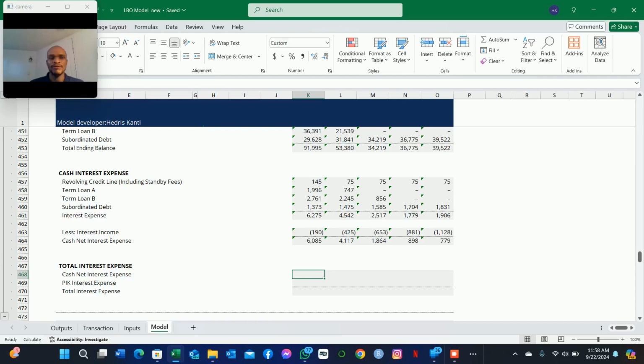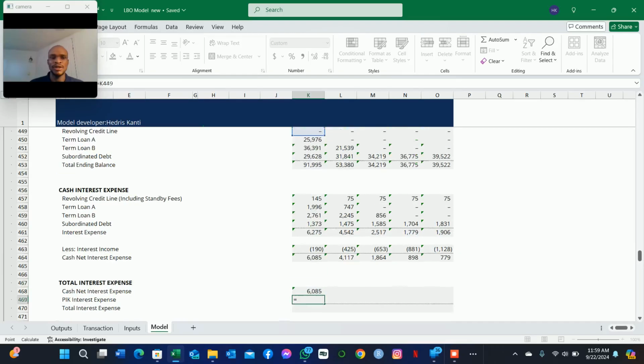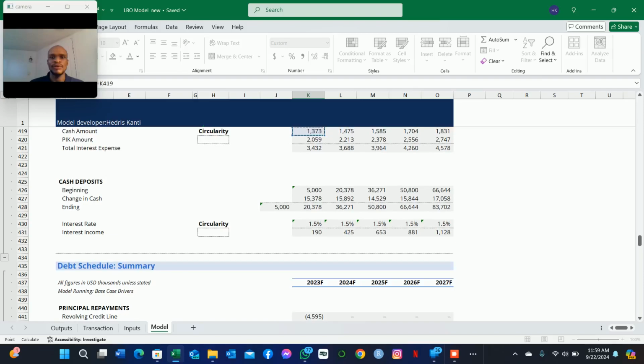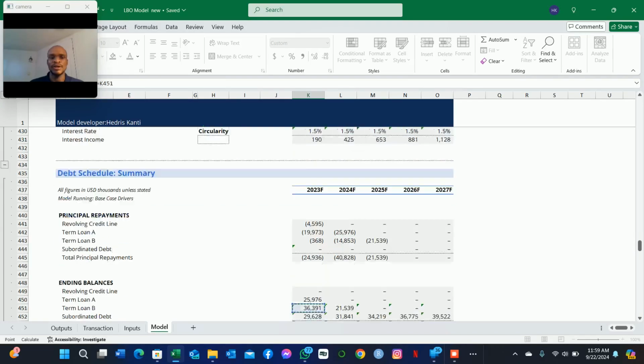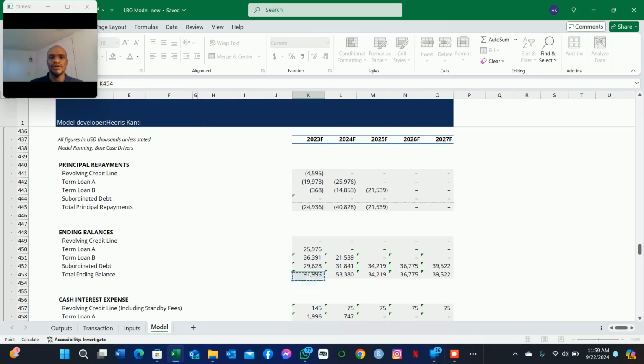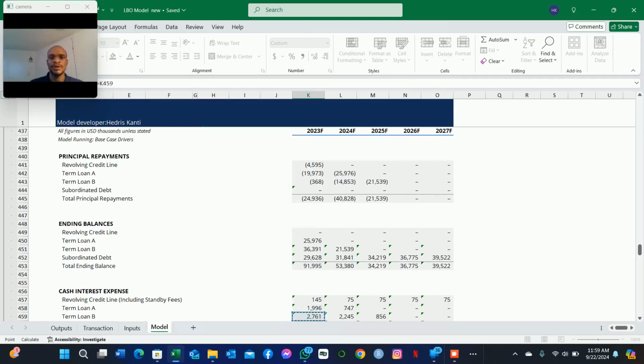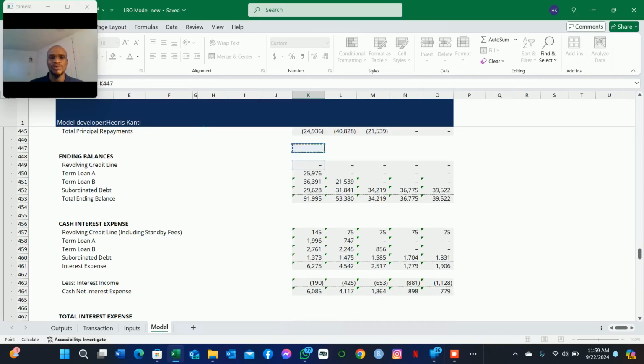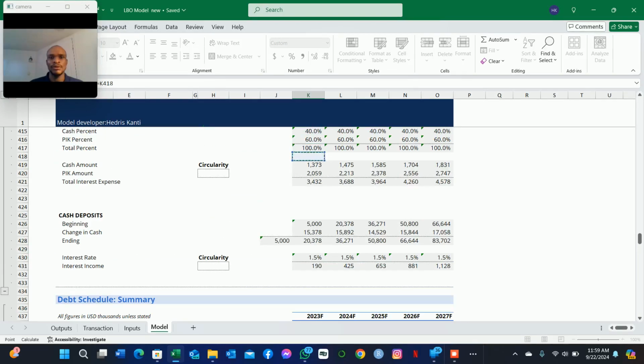For the cash net interest expense, we just calculated it here. We reference that amount, and then we will now have to add the payment in kind interest, which was the accrued interest for the subordinated debt. We have the interest accrued every year. 60% has been accrued and 40% has been paid to them in cash.